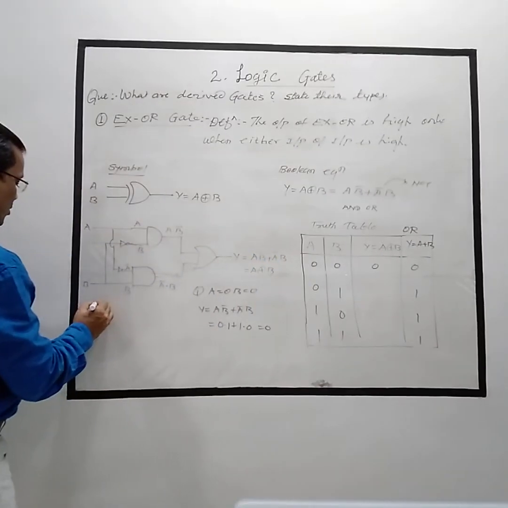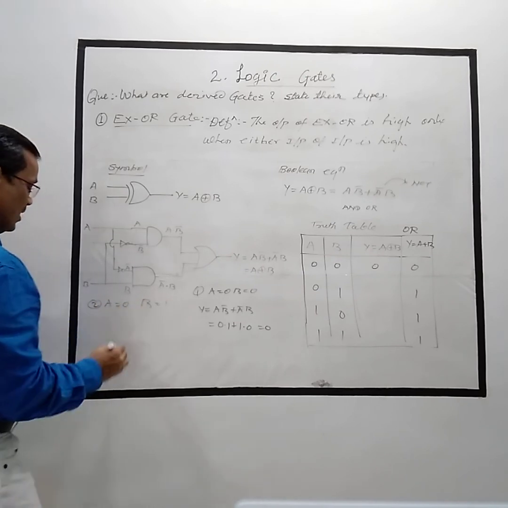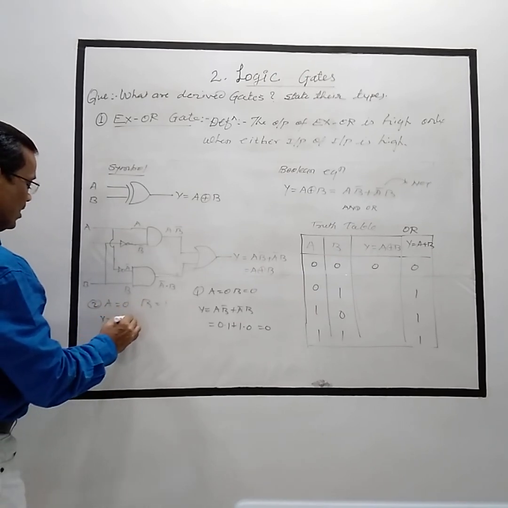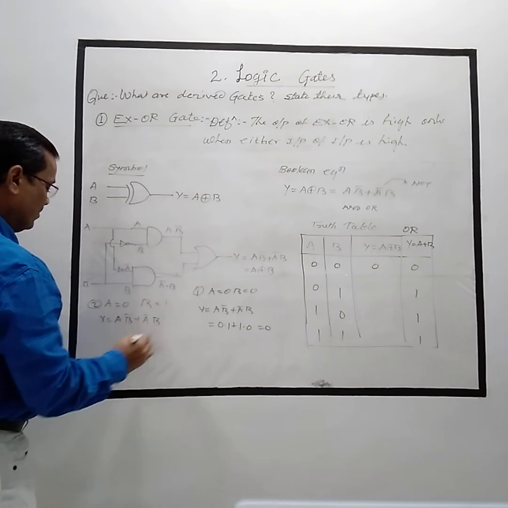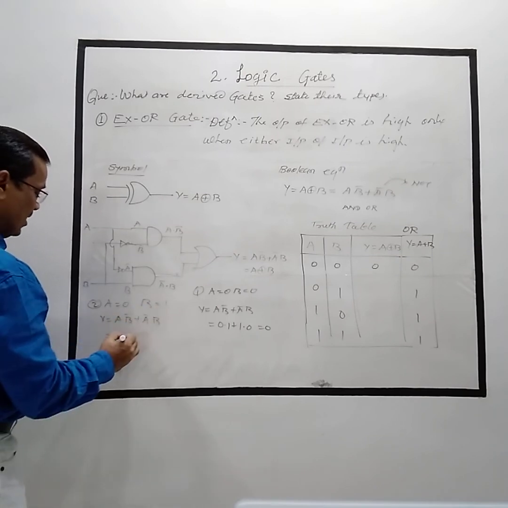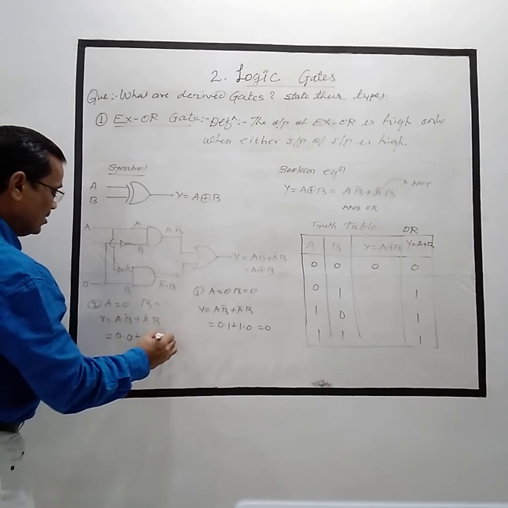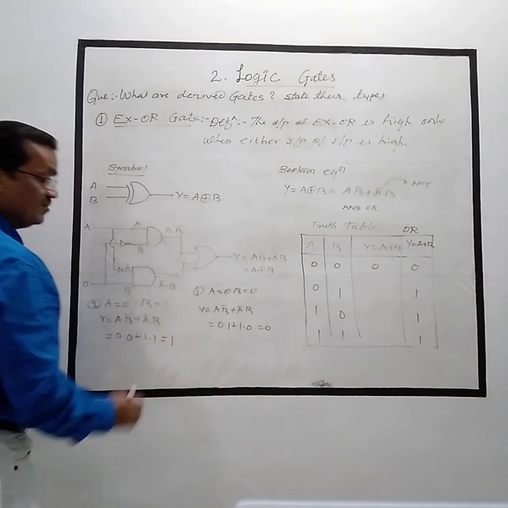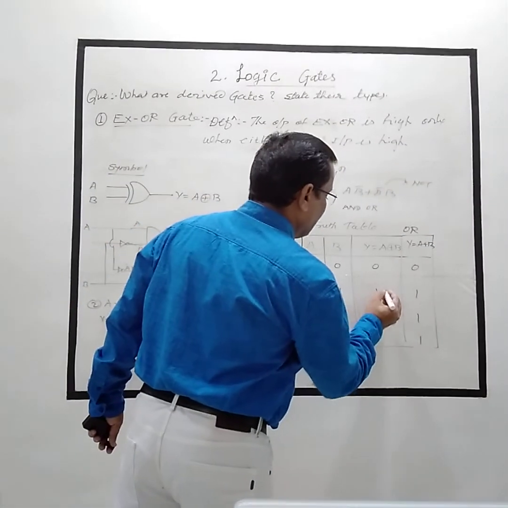Case number 2, A is equal to 0, B is equal to 1, Y is equal to A B bar plus A bar B. Here A is 0, B bar is 0, A bar is 1, B is 1. So 0 plus 1 is 1. So in this case, the output is 1.